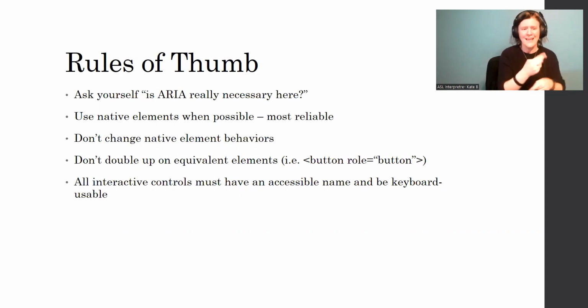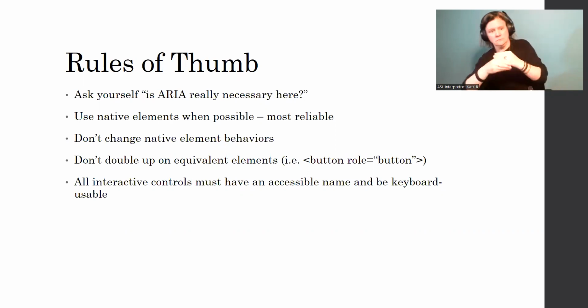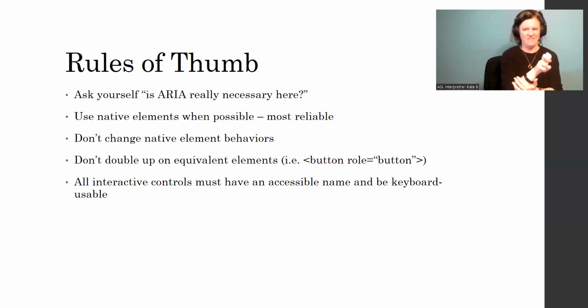HTML5 has a lot of the functionality of these roles built into it with the tag elements, just button or nav for navigation menu, that kind of thing. So we don't have to assign roles to every single thing. Screen readers and assistive technology are also more tuned to work with native elements. So that's why we want to use those.